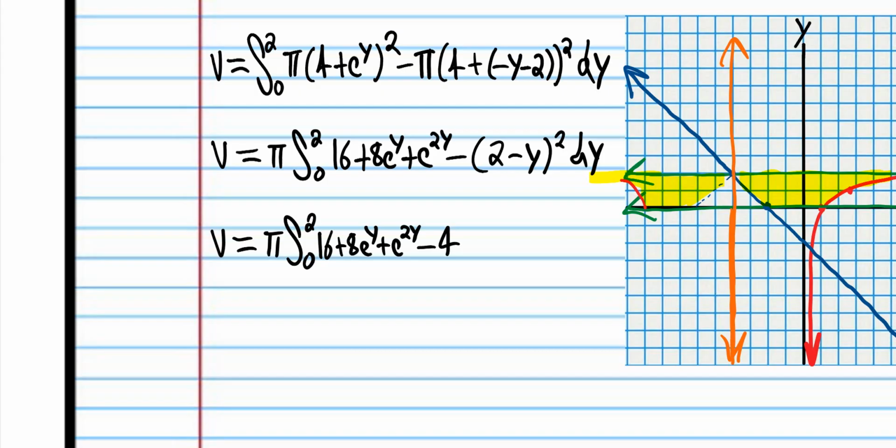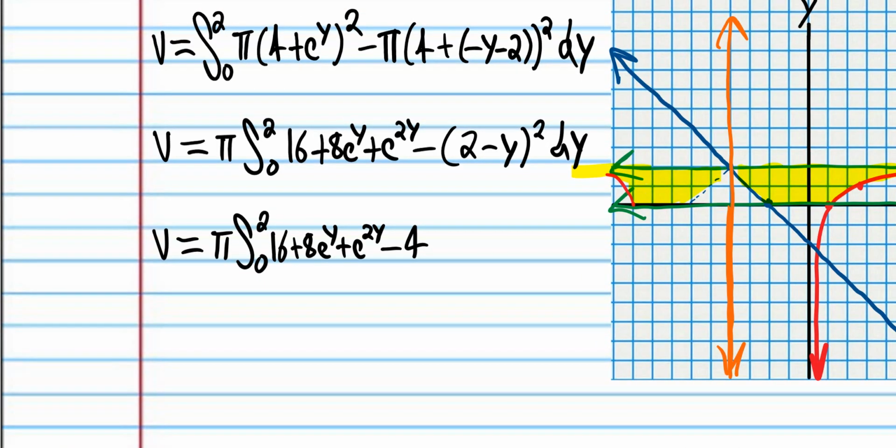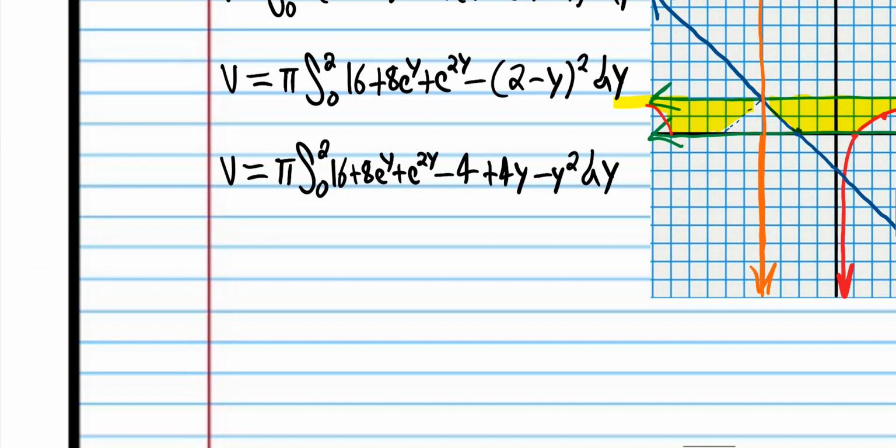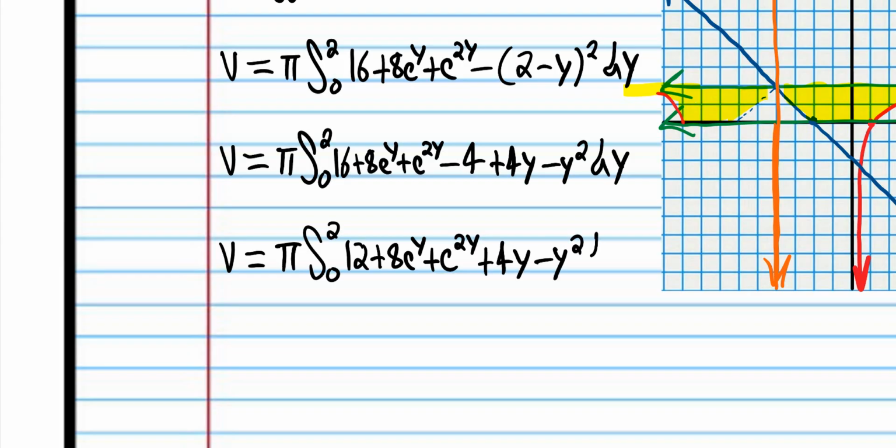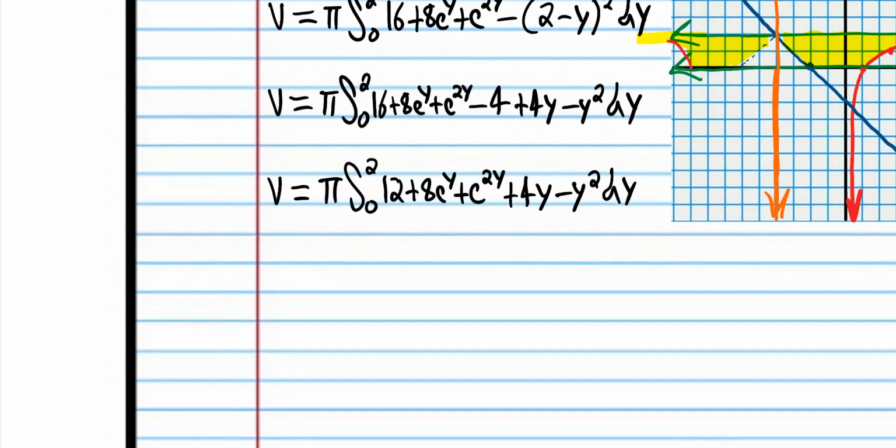To subtract, I'm going to FOIL that and subtract. And let's combine like terms if there are any like terms. So 16 minus 4 is 12. And doesn't look like there's any other like terms. So now we can integrate.